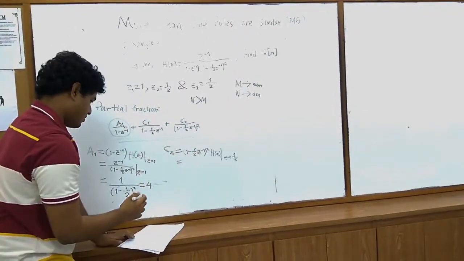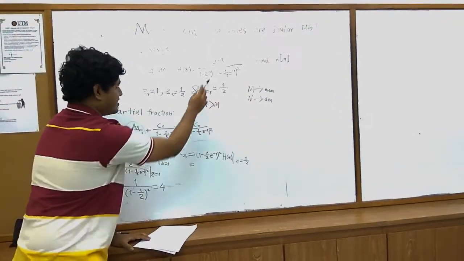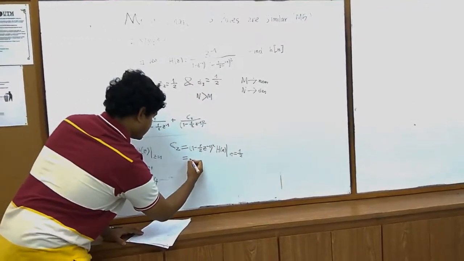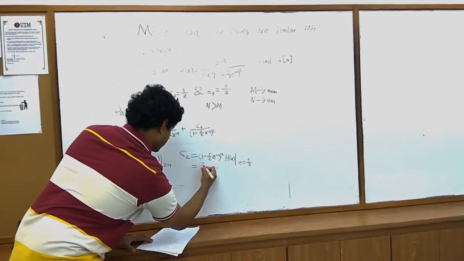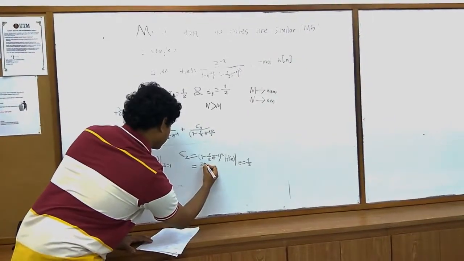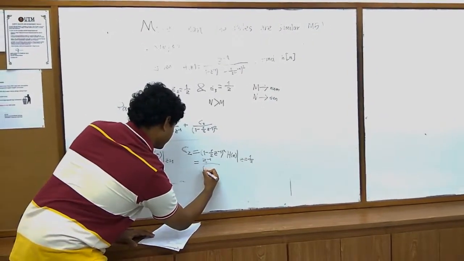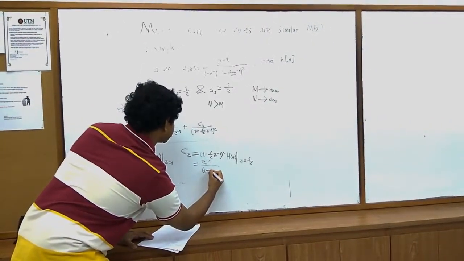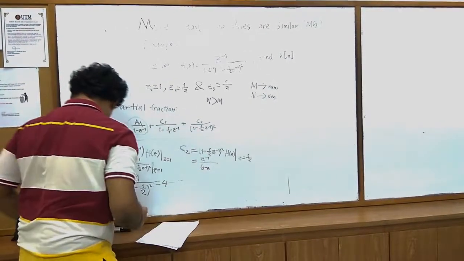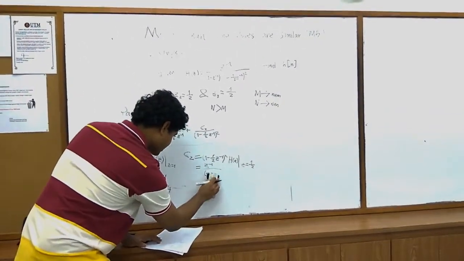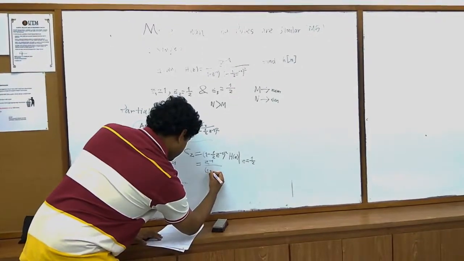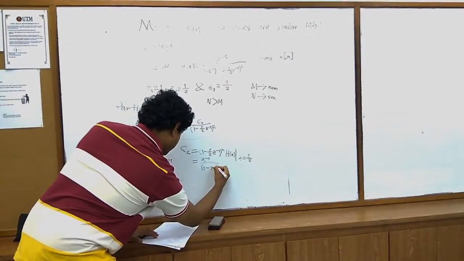After you multiply H(z), this part is cancelled out. So you have 1 minus z to the power of minus 1. Sorry, it's not clear.